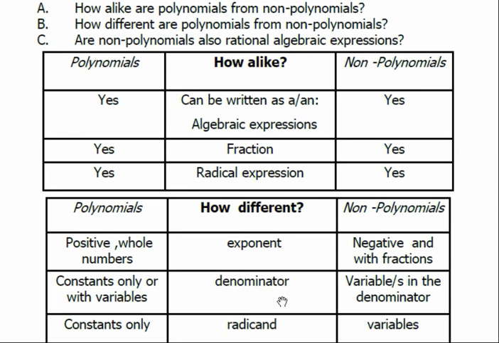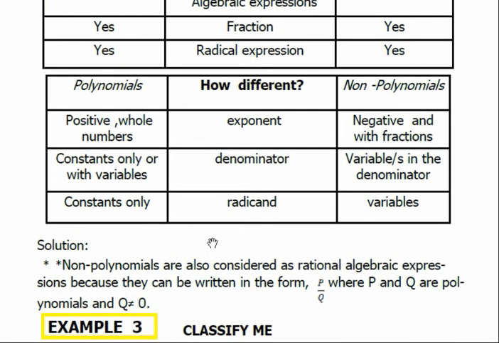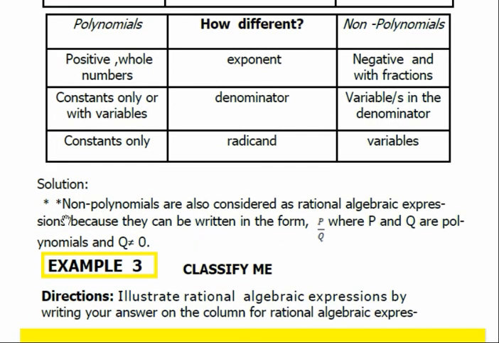Now, what about the question, are non-polynomials also rational algebraic expressions? Now, let's try to see. Here, non-polynomials are also considered rational algebraic expressions because they can be written in the form P over Q, where P and Q are polynomials and Q is non-zero.